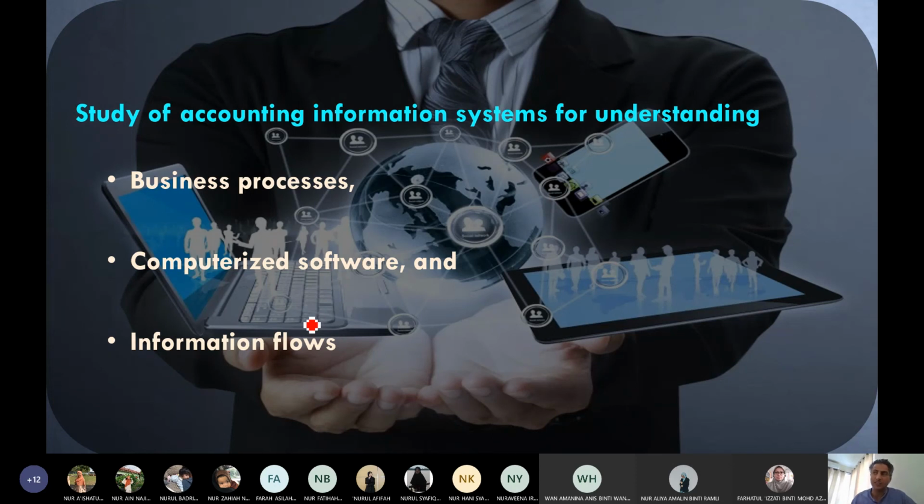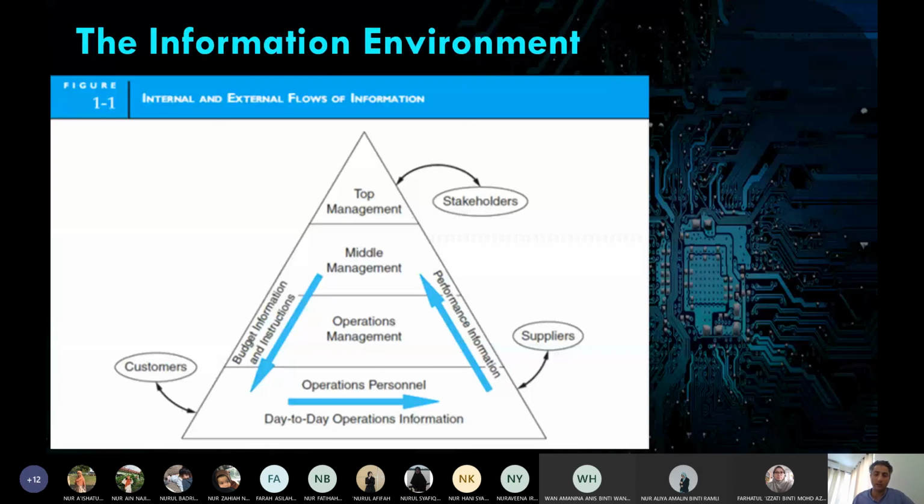External parties, we mean the suppliers or the customers or even the stakeholders, government, banks, and shareholders, and so on. So here we have the information environment framework. Let's see how the information flows up and down and in and out.